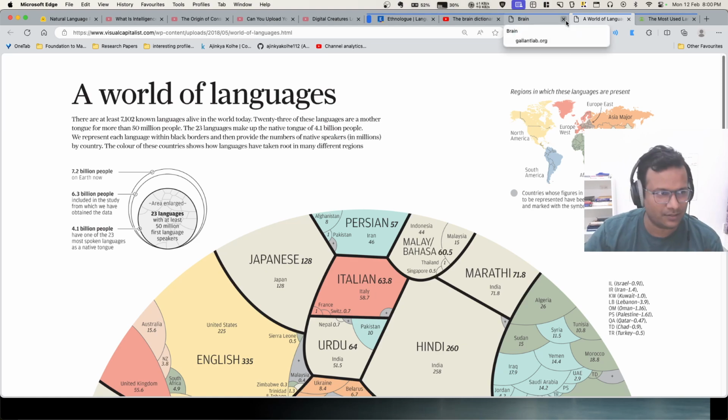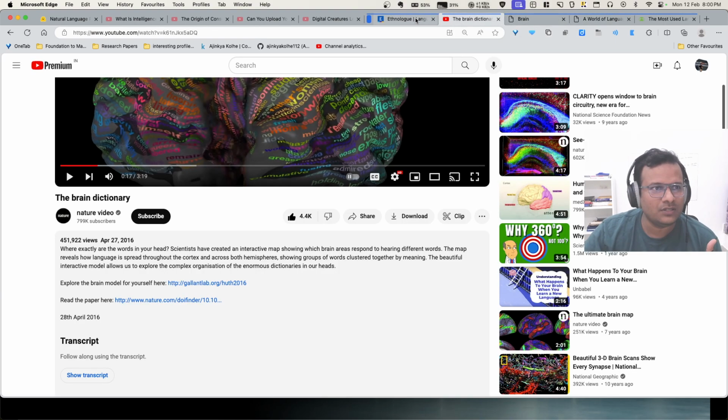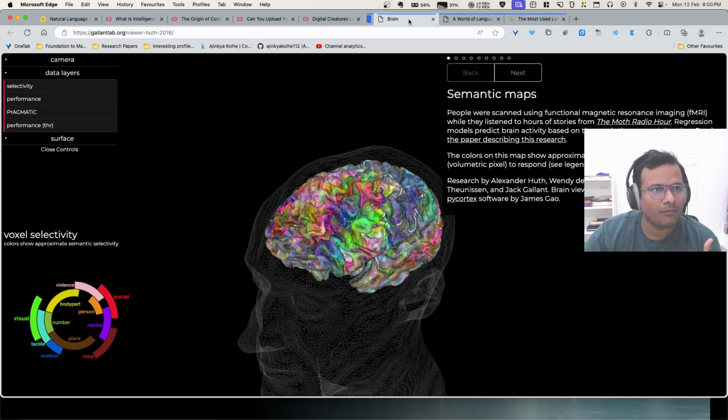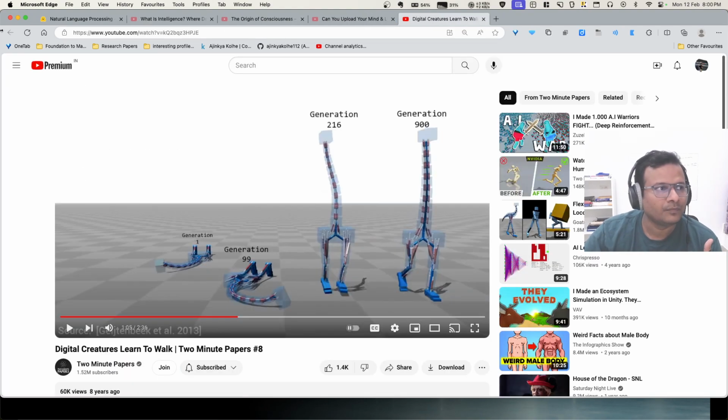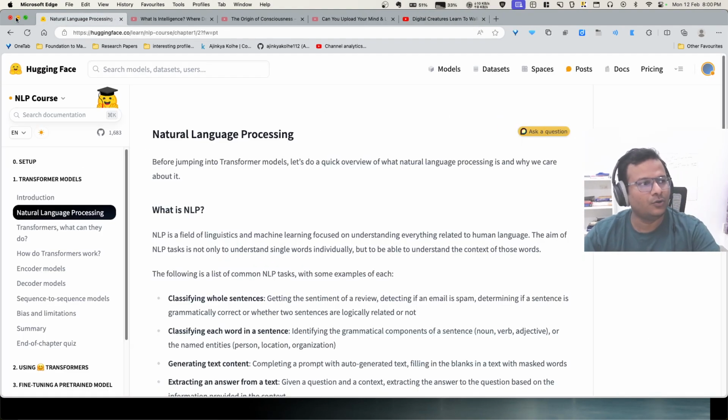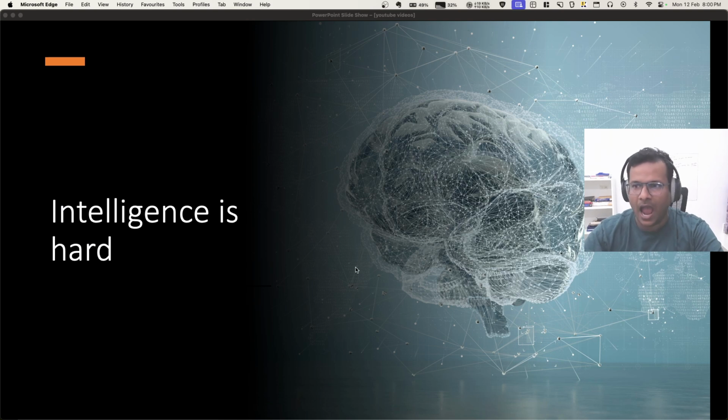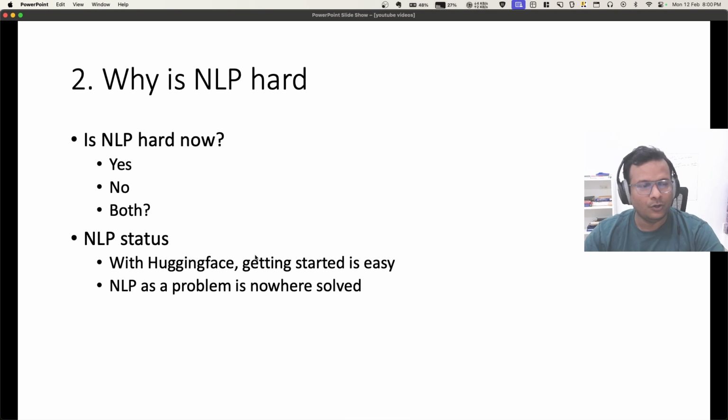So all of these things correspond to natural language processing and how hard it is. So do not think NLP is easy. Right now, NLP has become easier to get started with because of Hugging Face.